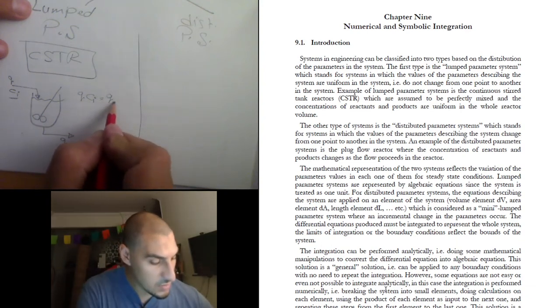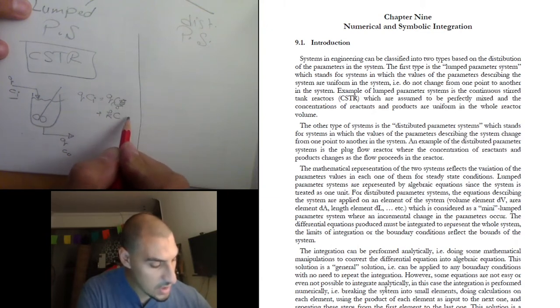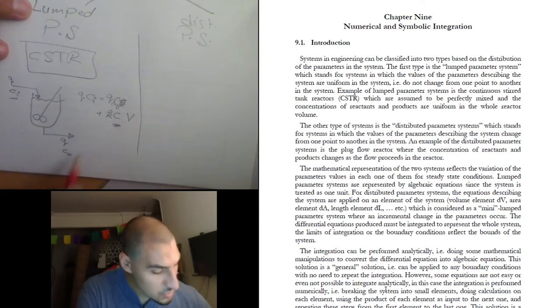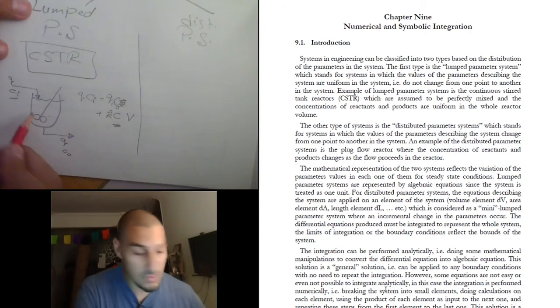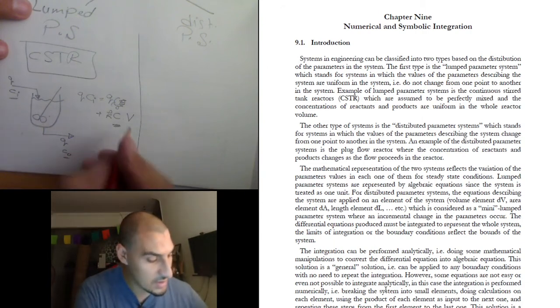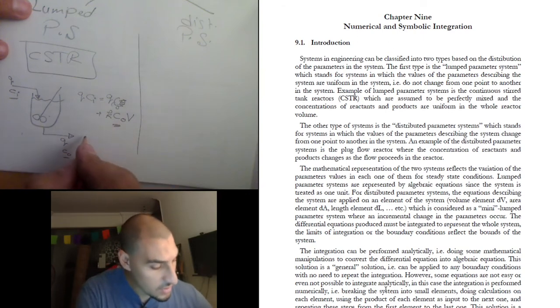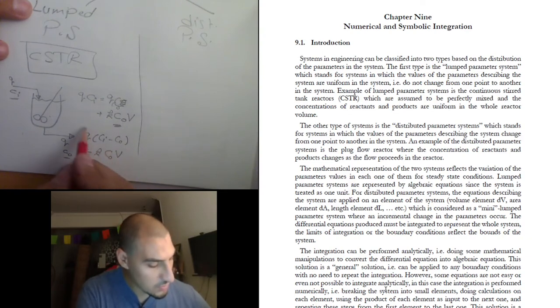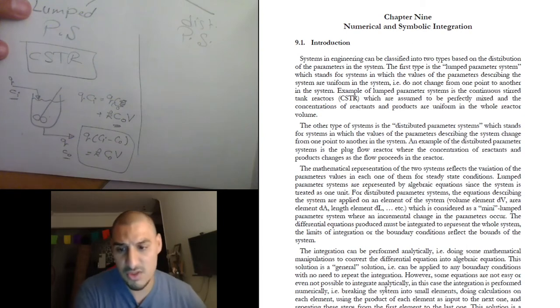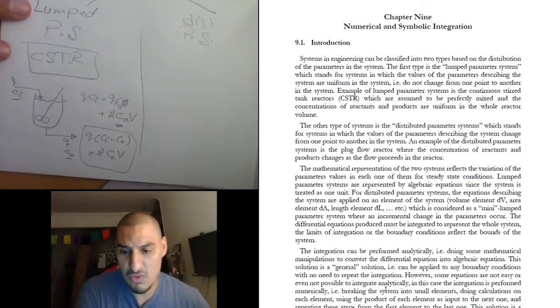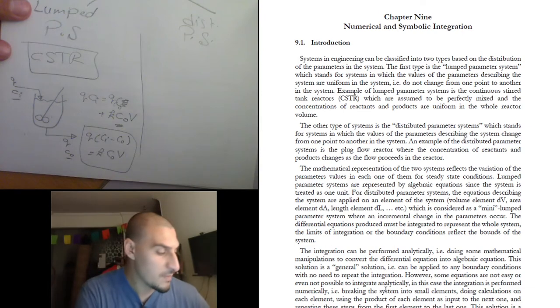So it's going to be Q C out plus K multiplied by C multiplied by V. Here this C should be the C inside, because the reaction takes place inside the reactor, but actually we assume that this is exactly the same as C out. So the final equation would be Q (Ci minus C out) equals K C out multiplied by V, which is a very simple equation. It's a simple algebraic equation, so we don't worry much about solving this equation.